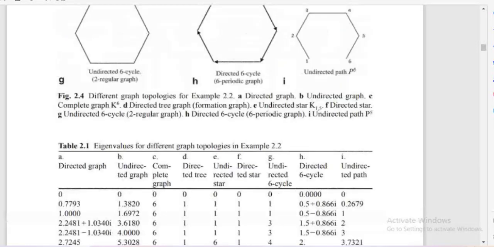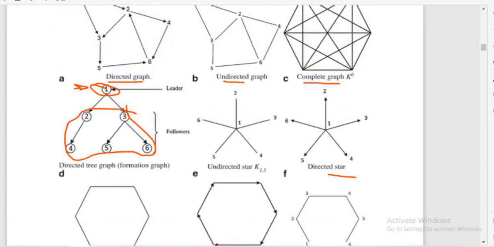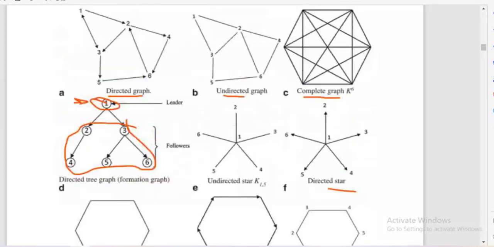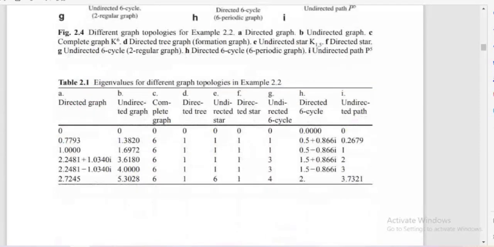For the second one, this undirected graph, the first one is 0, the second one is 1.3, third 1.6, 3.6, 4, and 5.3. For the complete graph, the eigenvalues of the Laplacian matrix are 0, 6, 6, 6, 6, and 6.